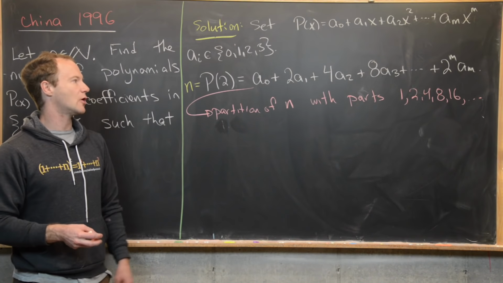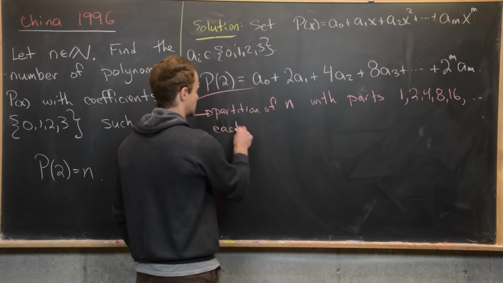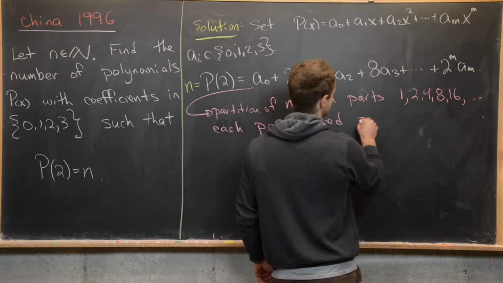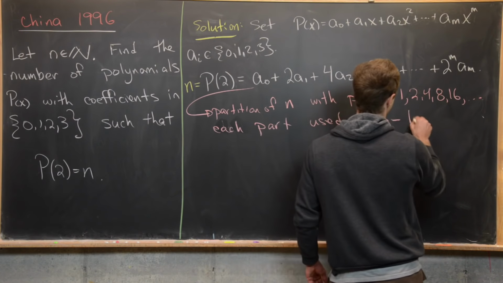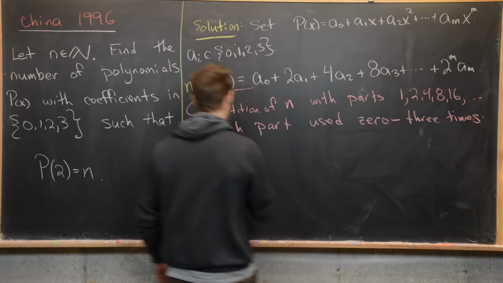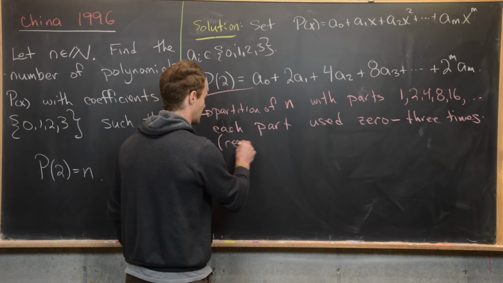So let's encode that in this sentence as well: each part used 0 to 3 times. Sometimes this is written as repeated at most 3 times.